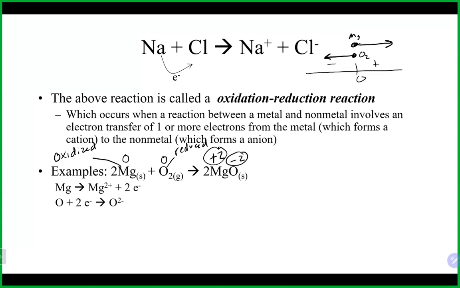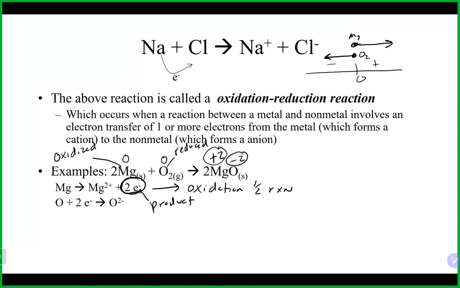We can also write what is sometimes referred to as half reactions that are taking place. And the half reaction in this case is our oxidation half reaction. An oxidation half reaction will show electrons on the product side, like they are being lost or given off.